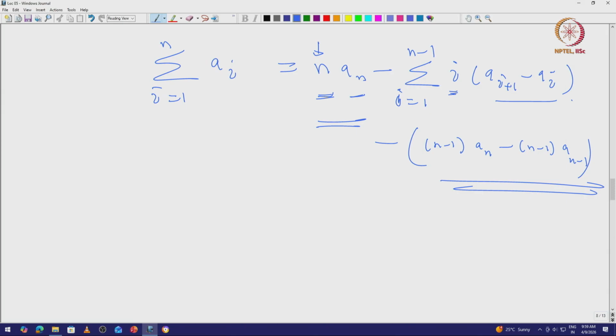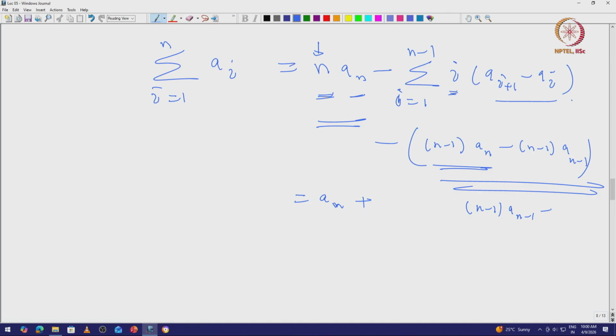There will be only one copy of a_n. From n a_n, n minus 1 a_n's would have been subtracted. How many a_{n-1}'s are there? Here, minus of minus n minus 1, which means there will be n minus 1 a_{n-1}'s.